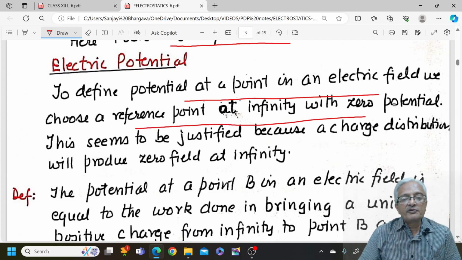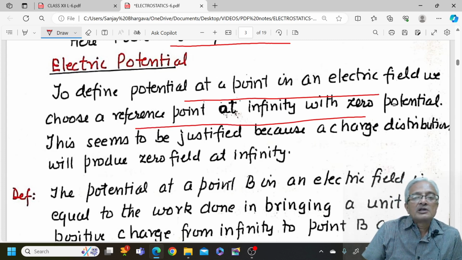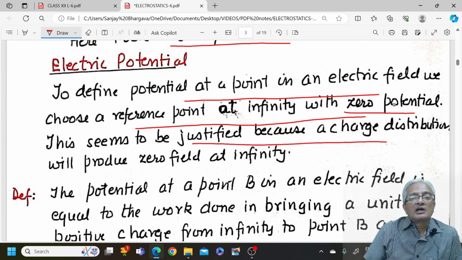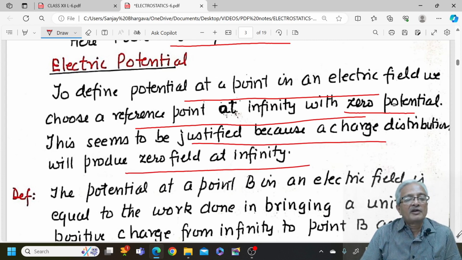And why do we choose infinity? Because at that point the potential is supposed to be 0. This seems to be justified because a charge distribution will produce 0 field at infinity. Electric field is KQ upon R square. If I put R is equal to infinity, the electric field becomes 0. So potential at that point can also be taken to be 0 and can work as a reference potential.